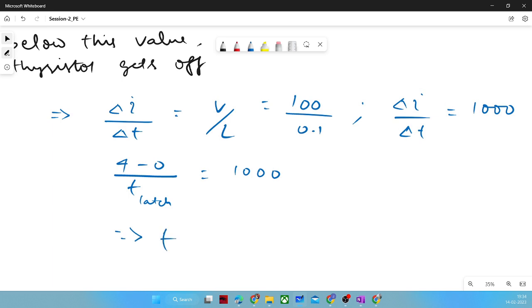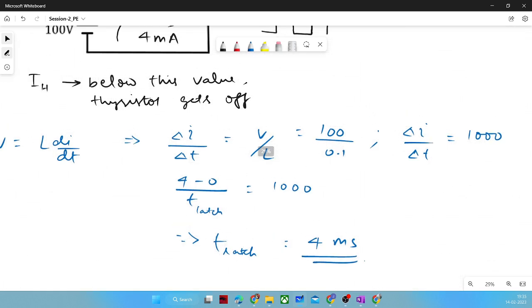Now if you simplify, you get T latch equal to 4 by 1000, so 4 millisecond. The 4 milliampere you need to provide for at least 4 millisecond to turn this thyristor on, right? So that was the problem based on that.